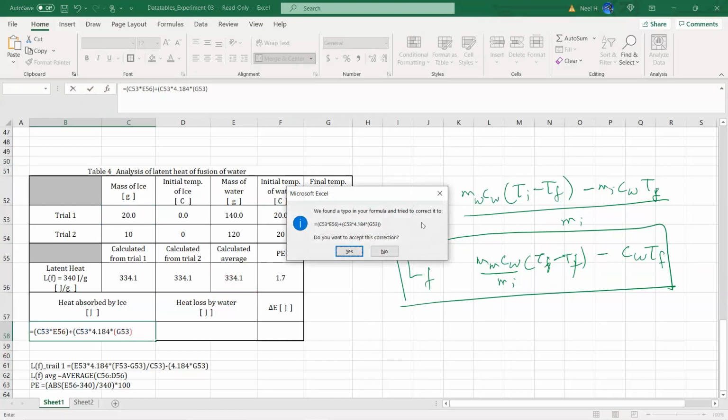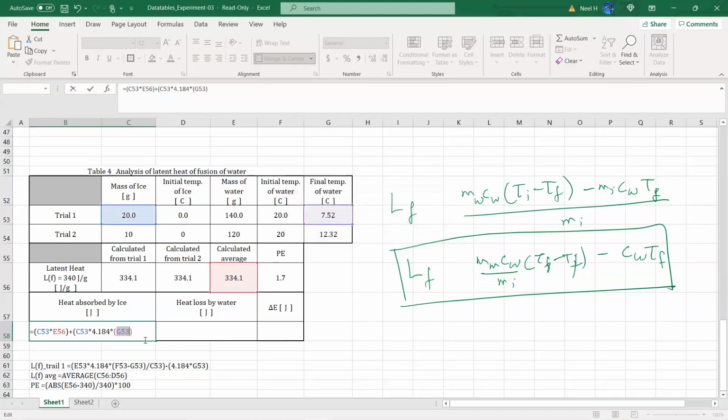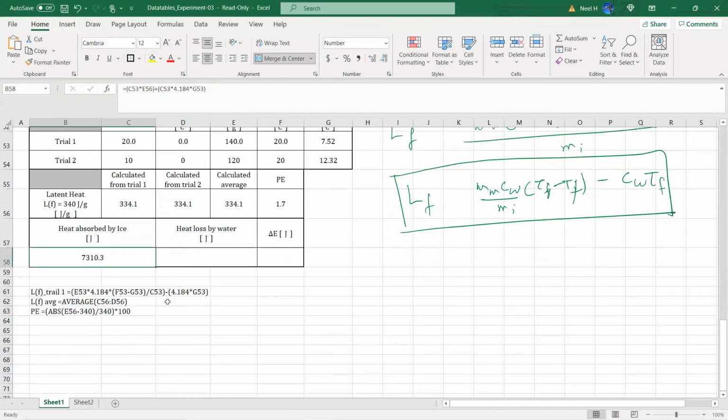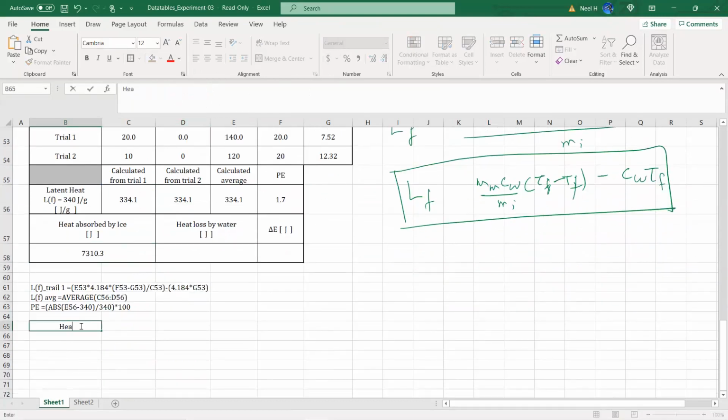Then hit enter. Let's see what is there. Oh, I have an extra bracket here, that's why. Okay, should be good. And get rid of all the decimals. We'll keep maybe one decimal place. That's going to be the heat loss. Sorry, heat absorbed by the ice.